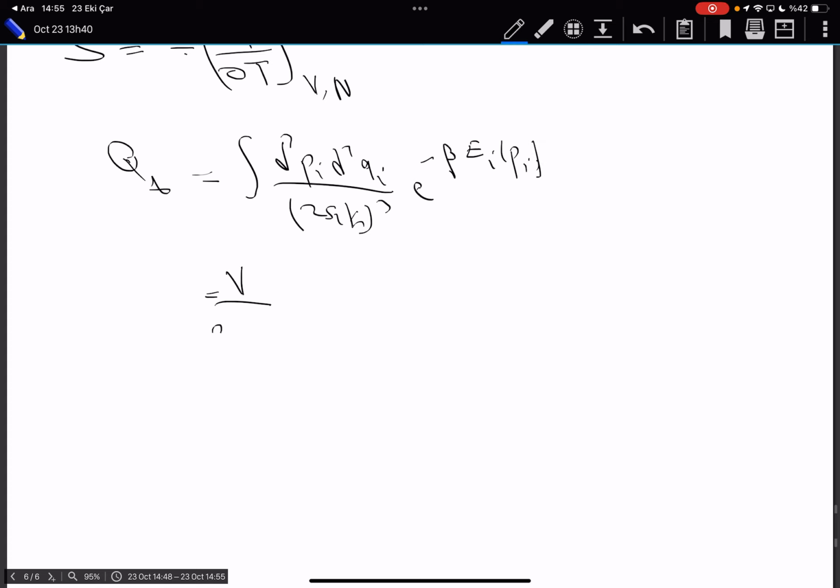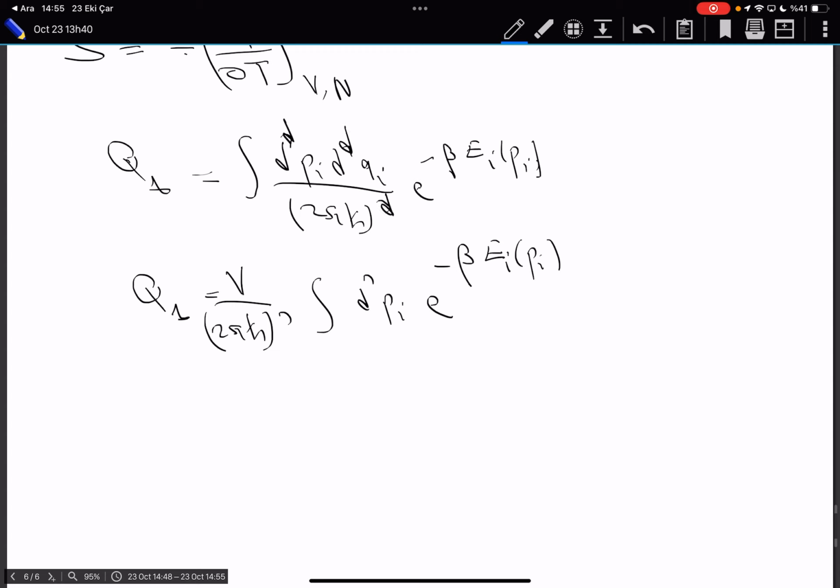So this is V over (2 pi h bar) cubed, the integral d cubed p, e to the power minus beta epsilon of p. Let me also write d over here. There are lots of variations in these kinds of problems.